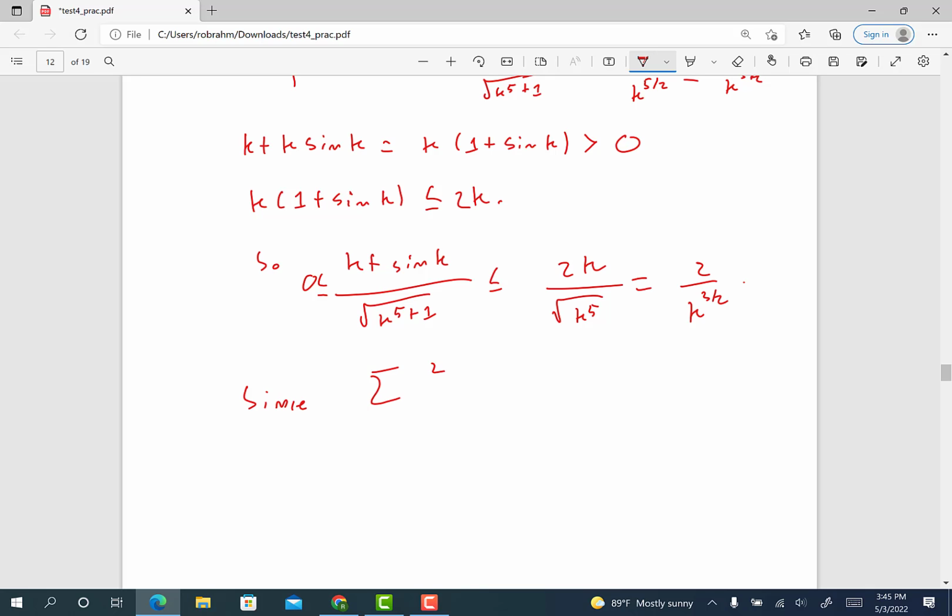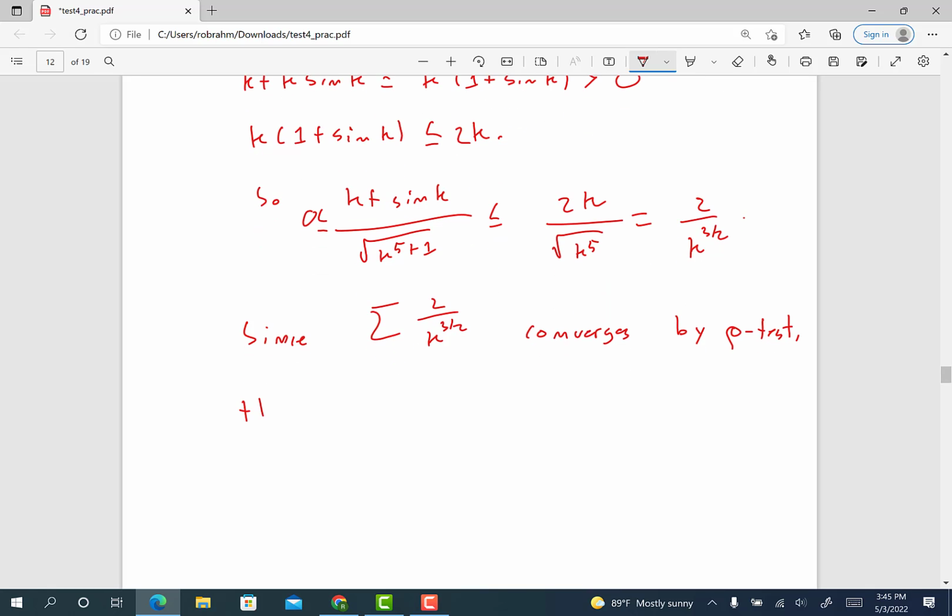Since the series 2 over k to the power of 3 halves converges by the p-test, the series in question converges by the direct comparison test.